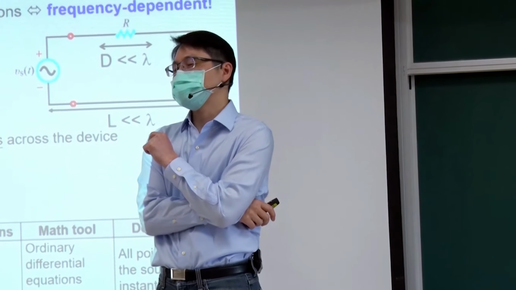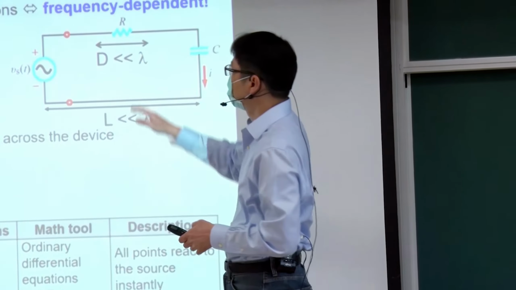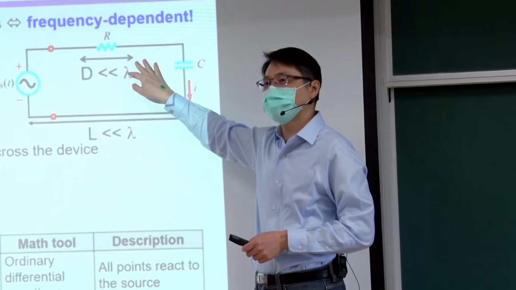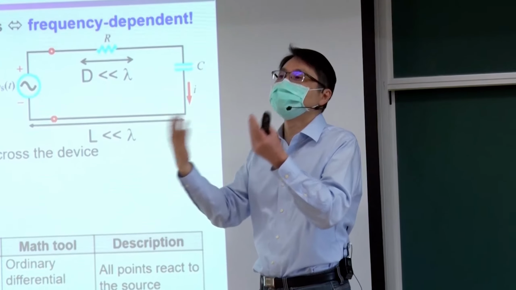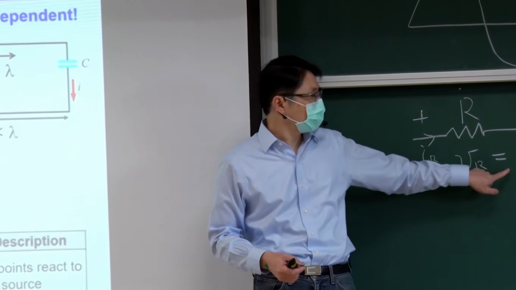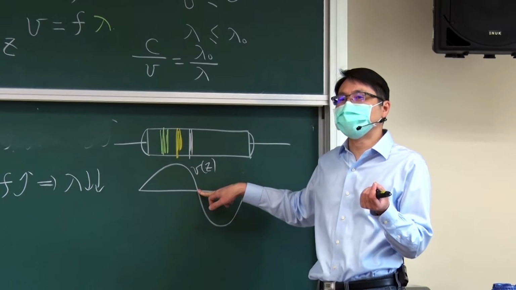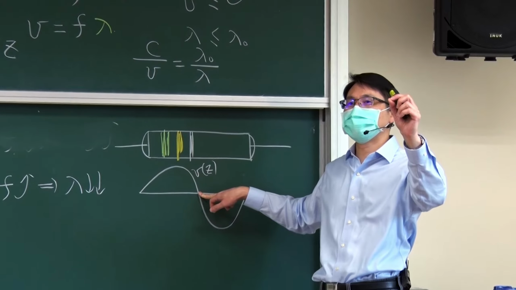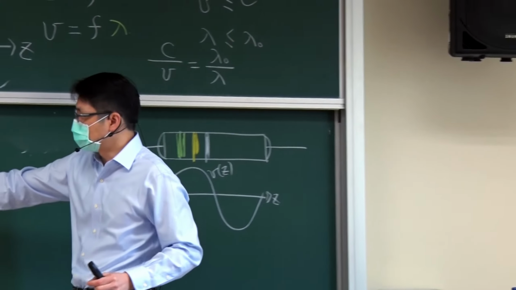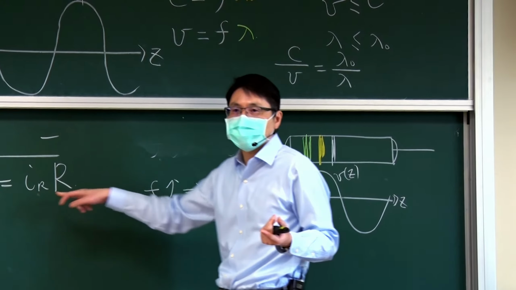In that case, are you able to analyze this simple circuitry using whatever you have learned? Can you still write V_R equals I_R times R? At this location, what is the voltage value? 0, right? 0 means current has to be 0, right?